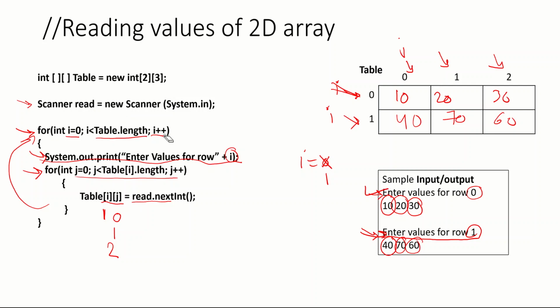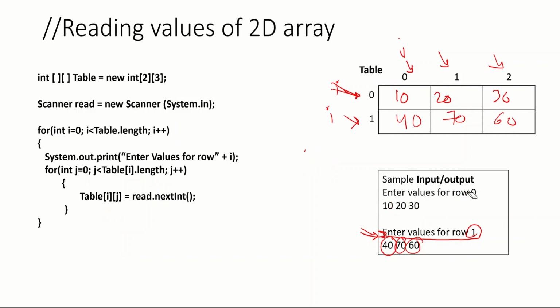As a practice, reading the values of a two-dimensional array is usually the second step, done after declaring the elements of your two-dimensional array. The idea, just like we discussed in the previous slide, is that you should always have two loops, one for rows and one for columns.